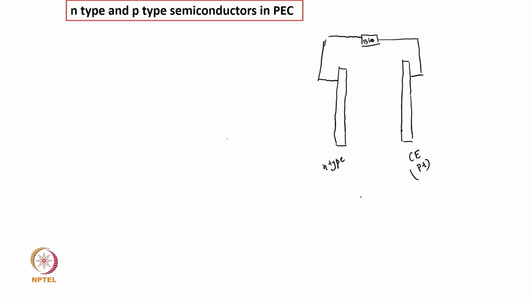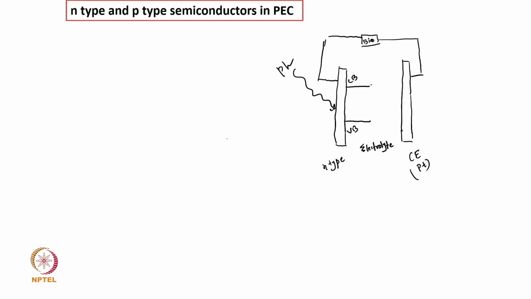In between we have the electrolyte. This is the conduction band, this is the valence band, and a photon is falling here.